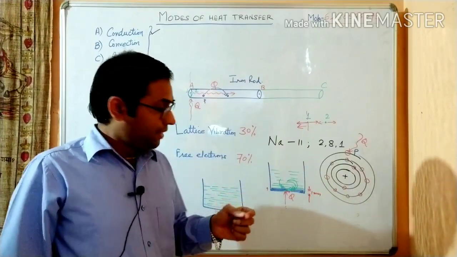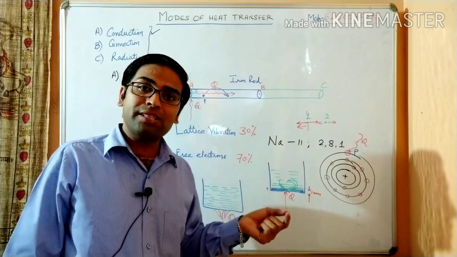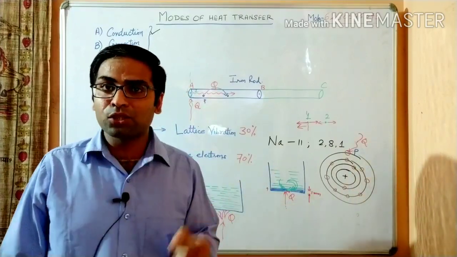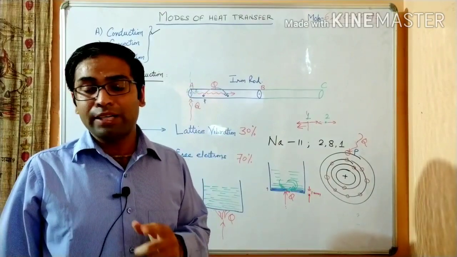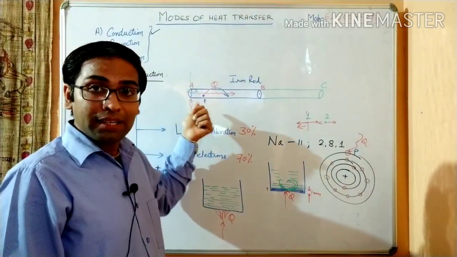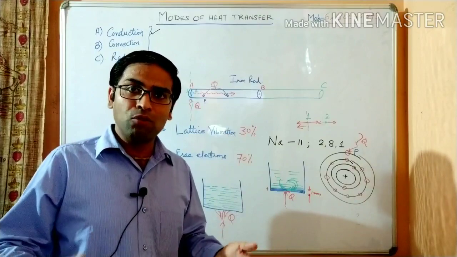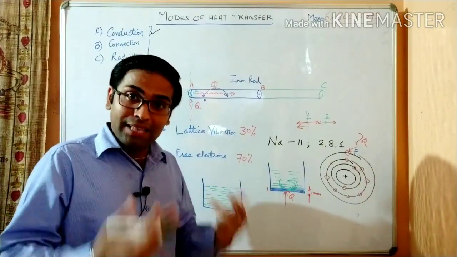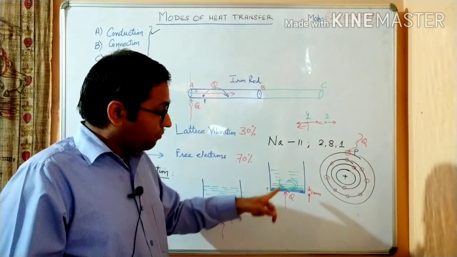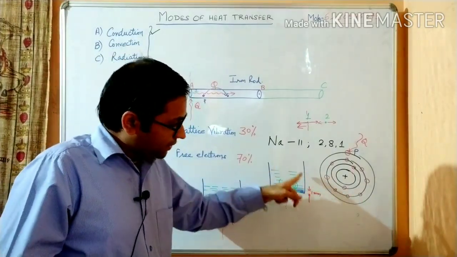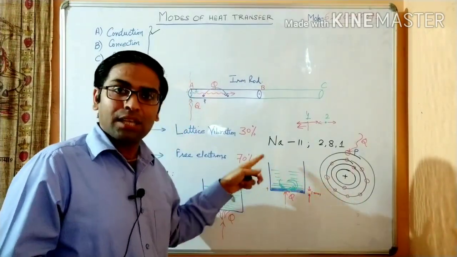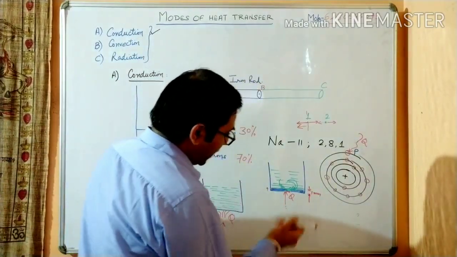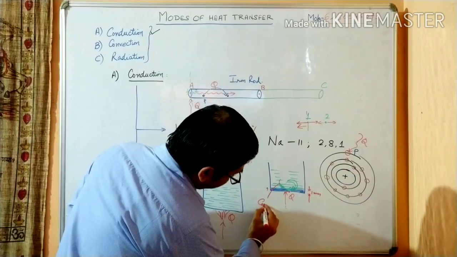Notice that there is bulk movement in case of convection, bulk movement of the particles of the liquid, and it was not there in case of conduction. In conduction the movement of the particles was not there, but here the movement is there. Actually movement is happening within the liquid, and these circular channels which are established within the material are known as convection currents.